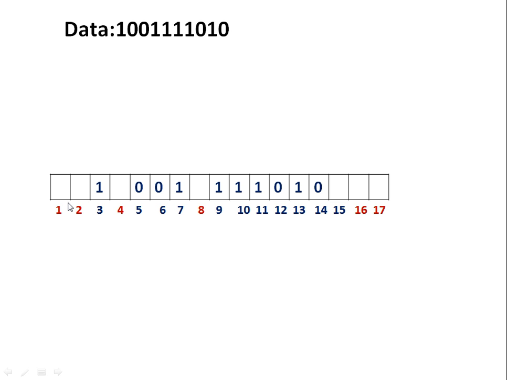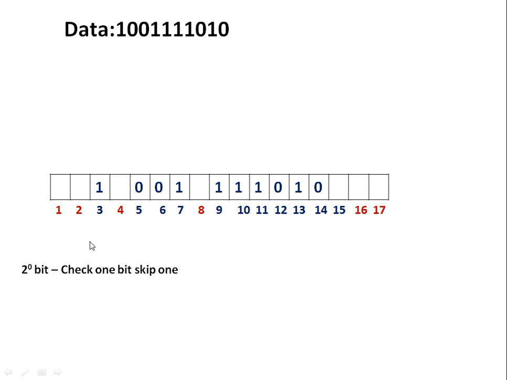Now the question is how the parity bits will be calculated. First, the parity bit at 2 to the power 0 location. The formula to calculate this bit is check one bit, skip one bit. In order to calculate parity, we need some bits. So in this string, which bits are we going to consider?